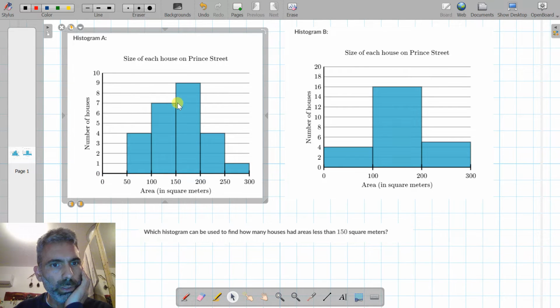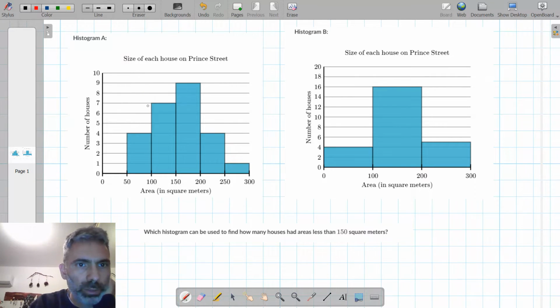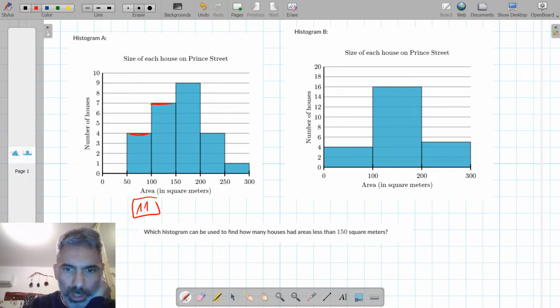So here we can tell that there are 7 houses that have an area of 100 to 150, and 4 have an area of 50 to 100. So in total we have 7 plus 4, we have 11 houses that have an area less than 150 square meters.